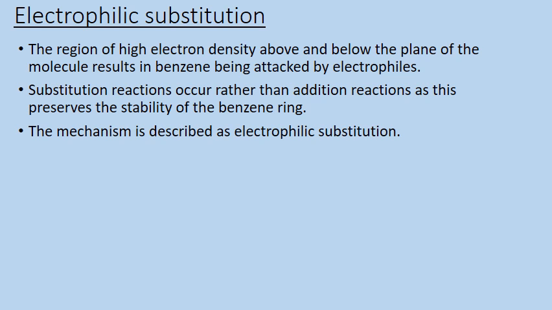So the mechanism then is described as an electrophilic substitution. And let's have a look at what that might look like. So I'll draw my benzene ring. There we go. And I show the pi bond with that circle there. And an electrophile, I'm just going to notate with an E+. The mechanism, we have the ring of electrons.